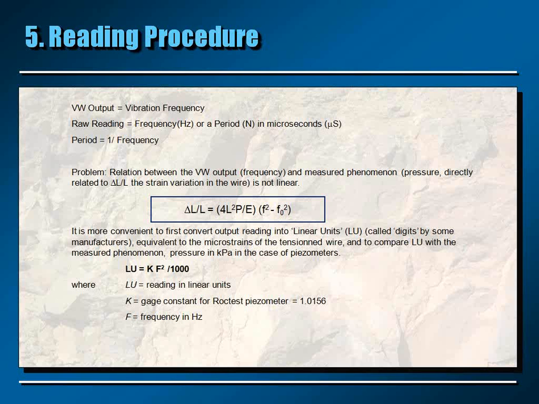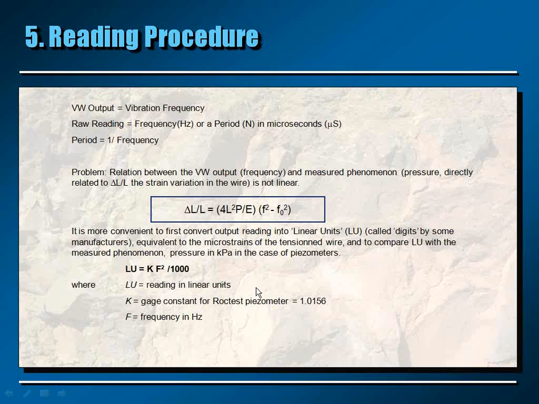One problem related to that is that the relationship between the raw reading, the frequency, and the phenomenon that we are measuring, which is either a pressure change or deformation, is not a linear relation. As you can see, the F is of the second order here.